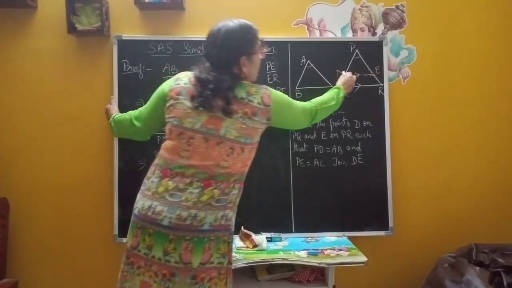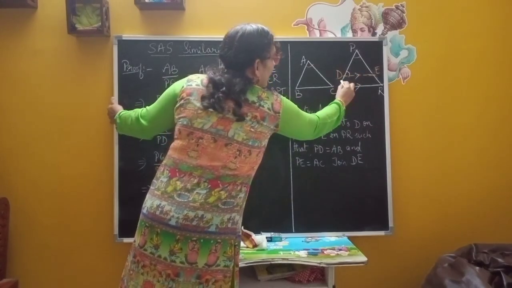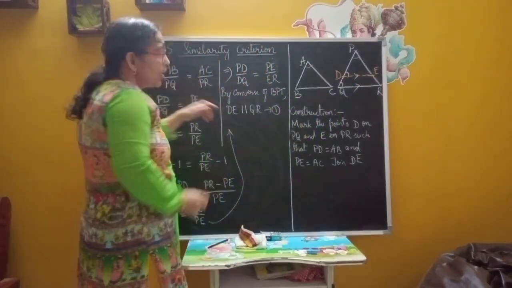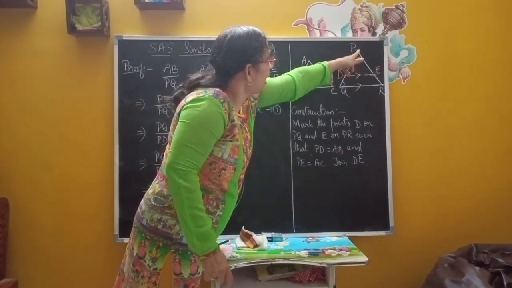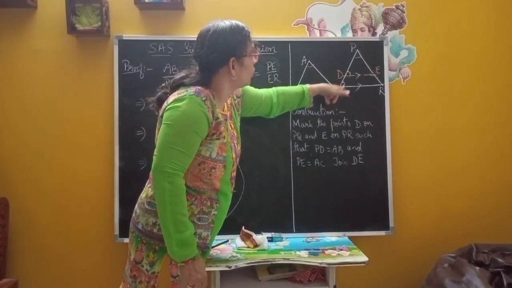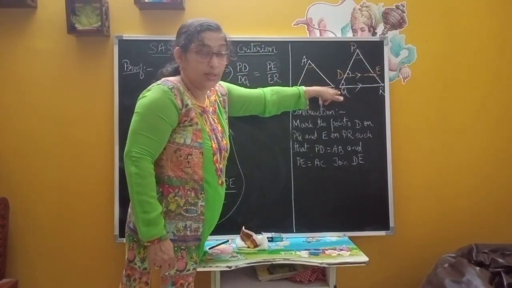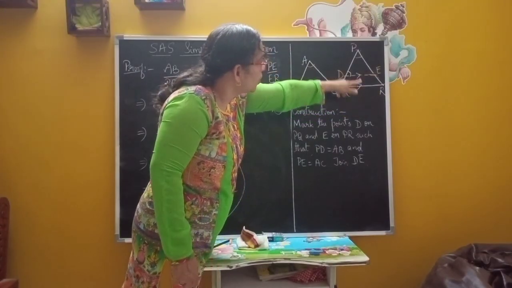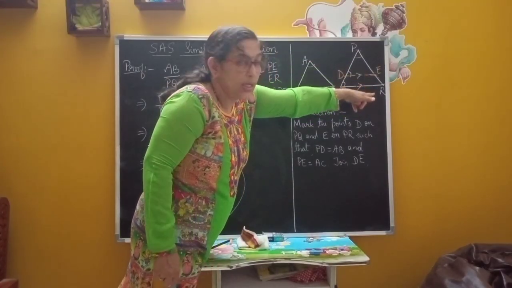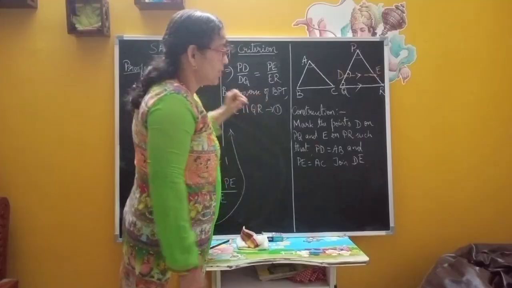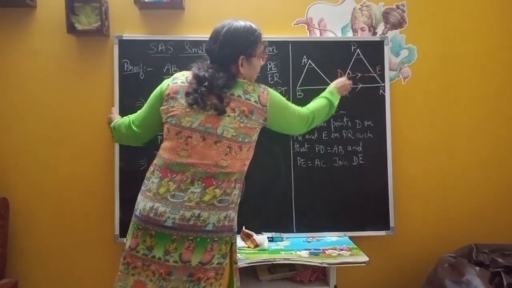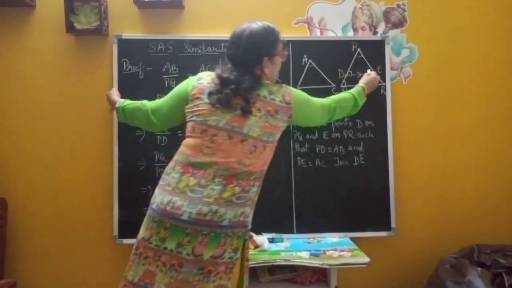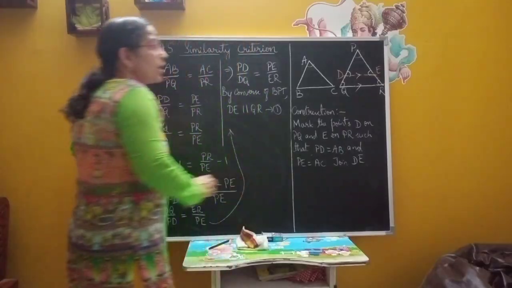Corresponding angles D and Q are equal because DE is parallel to QR, and this line PQ or DQ is the transversal. Similarly, DE is parallel to QR and PR or ER is the transversal. So angle D and Q are equal, and angle E and angle R are equal.